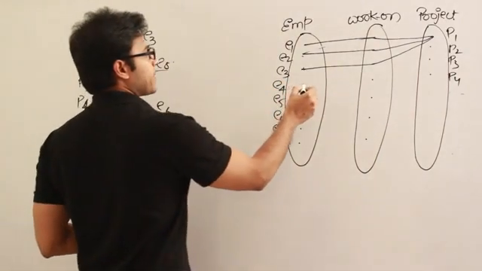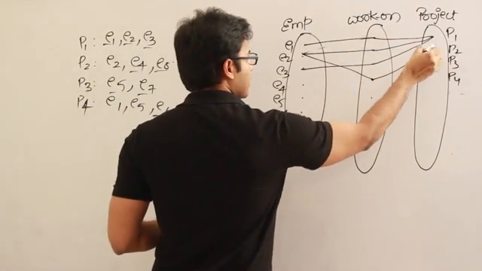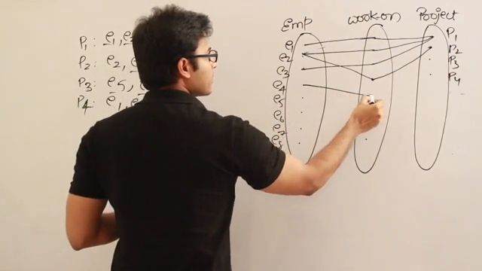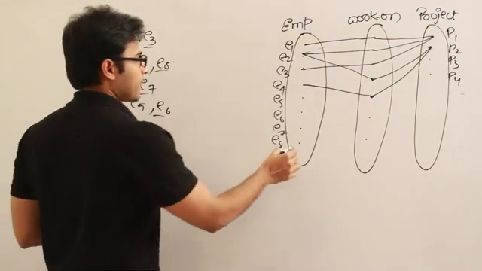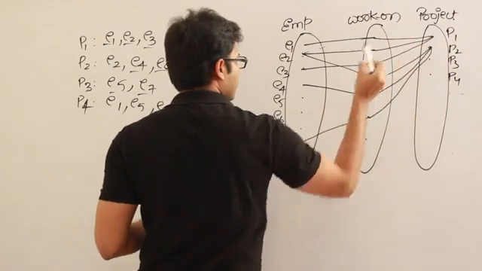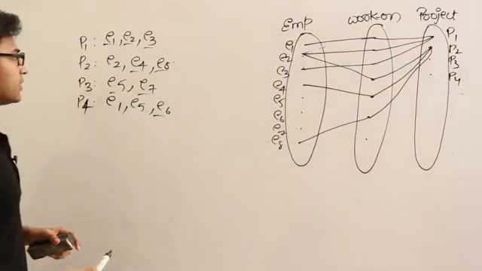Now next one is P2 is actually related to E2, E4 and E8. So E2 is related to P2, right? And then E4 is related to P2 and E8 is related to P2, right? And next E5 and E7 are related to P3.